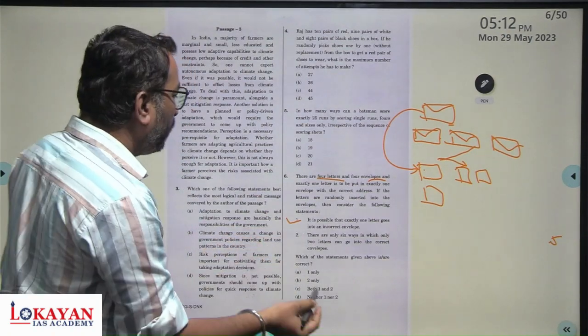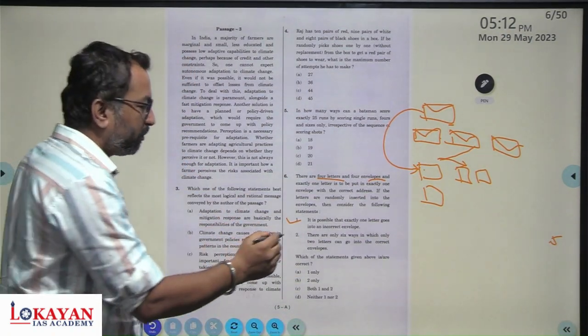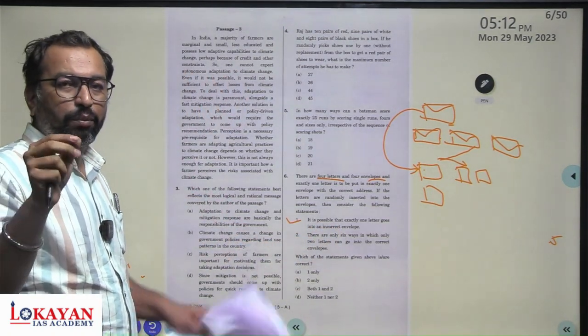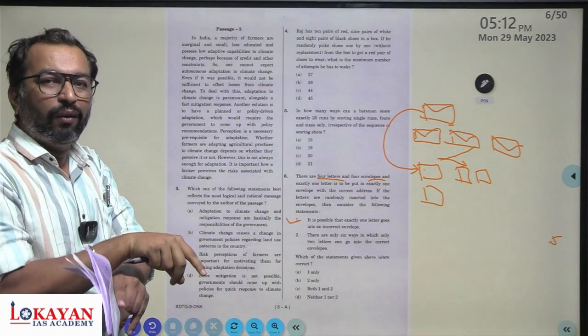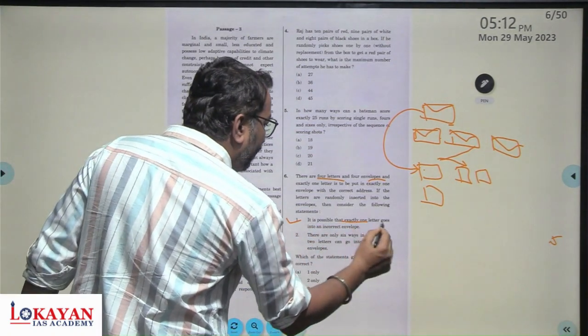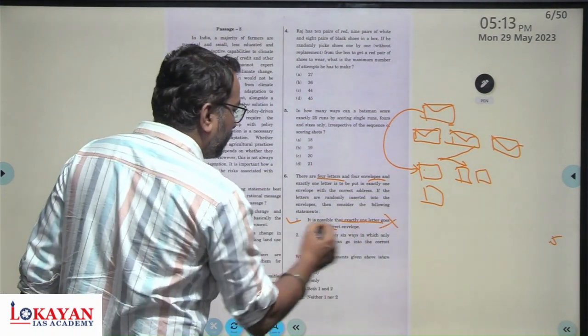So there cannot be a single wrong letter that is put into a single envelope, right? There must be at least two letters that are put in two wrong envelopes, right? So it is not possible that exactly one letter goes in an incorrect envelope. So this statement is wrong.